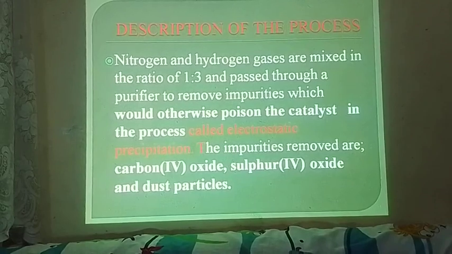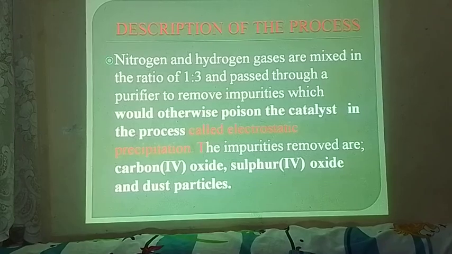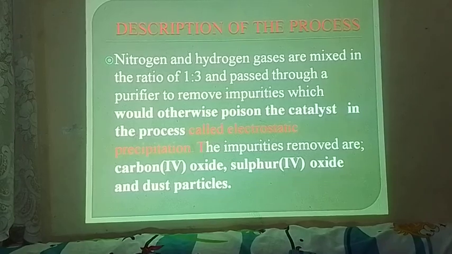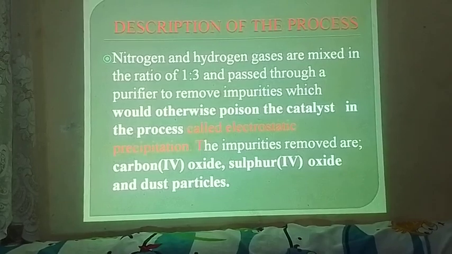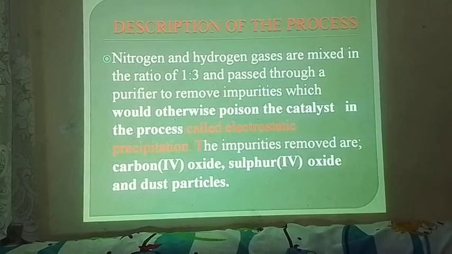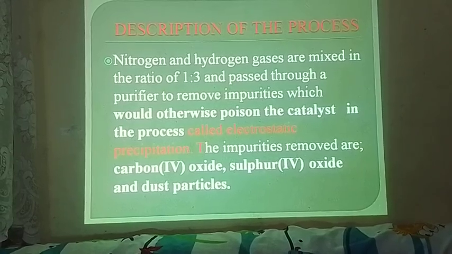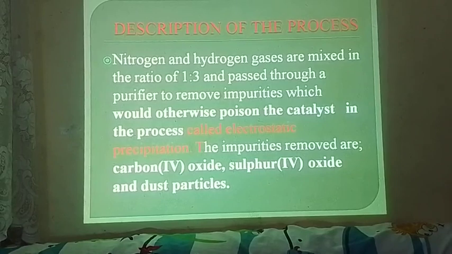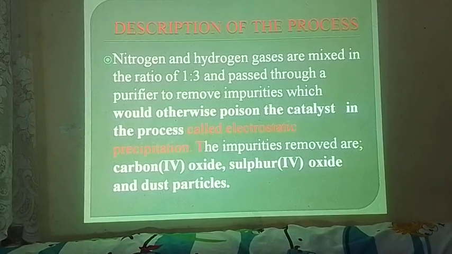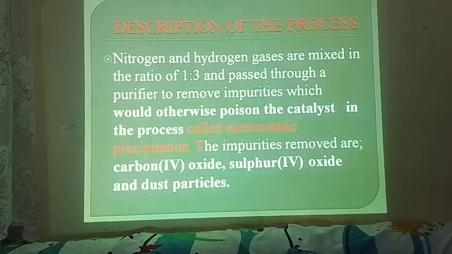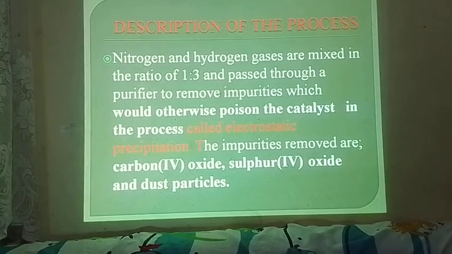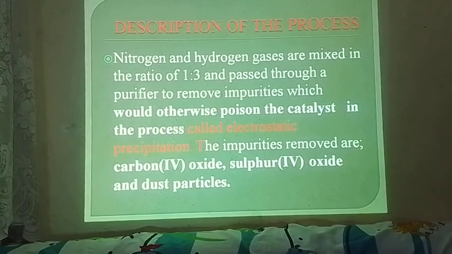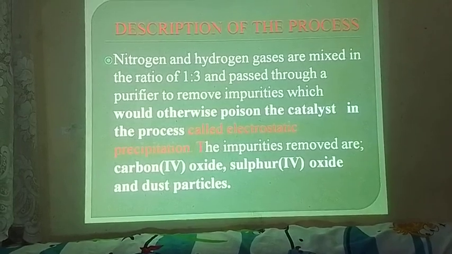Of course, the dust particles are being removed here through a process we call electrostatic precipitation. Such impurities which are removed so that they cannot poison the catalyst are: number 1, we have carbon dioxide, number 2, we have sulfur 4 oxide, and also the dust particles.